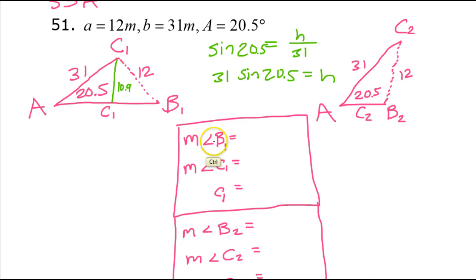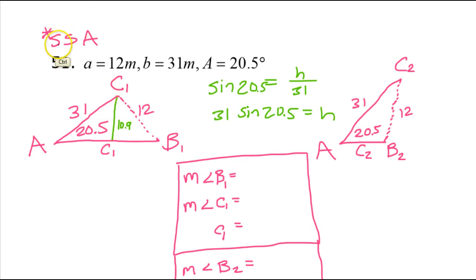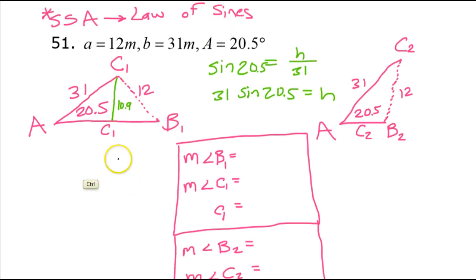Let's go after the measure of angle B1 first. So, when we have a side-side angle, the ambiguous case, we use the law of sines. Whatever I'm looking for, I always put that in the numerator. So what I'm going to have is the sine of B1, because that's what I'm looking for, over side B, which is 31.